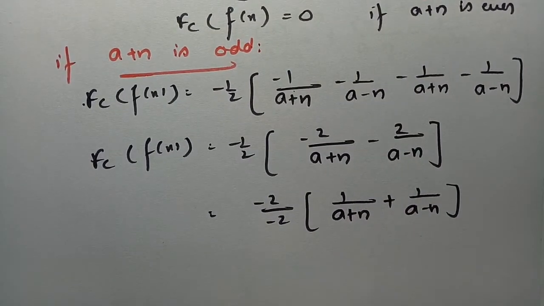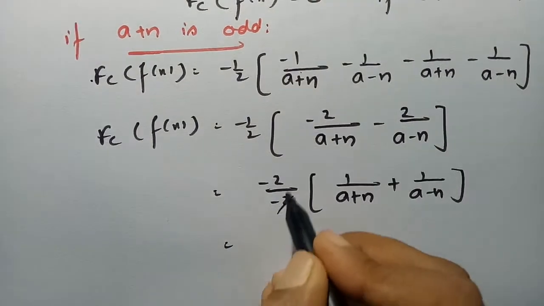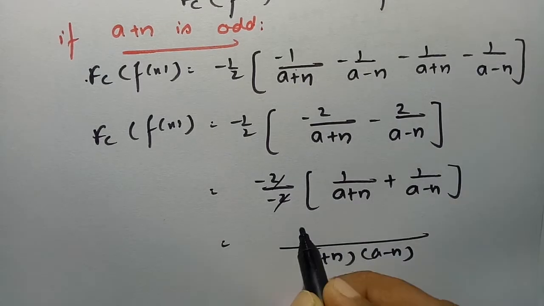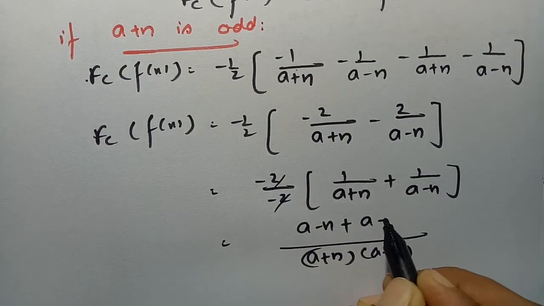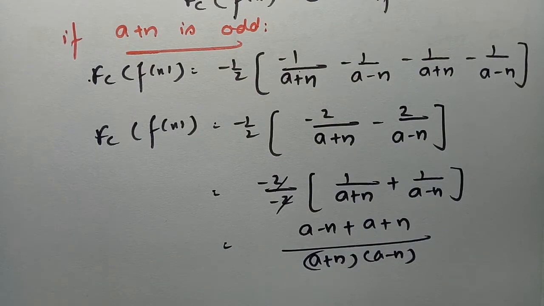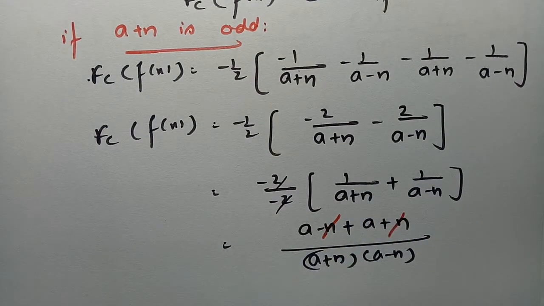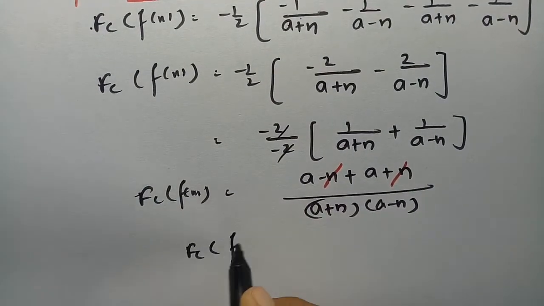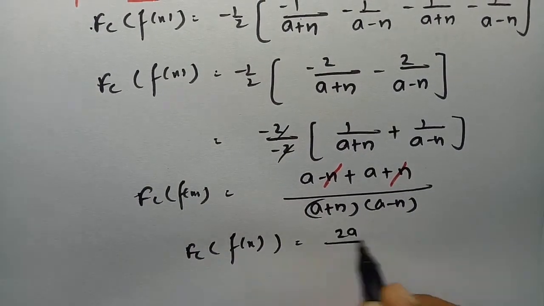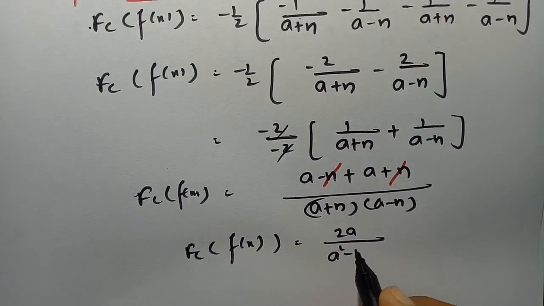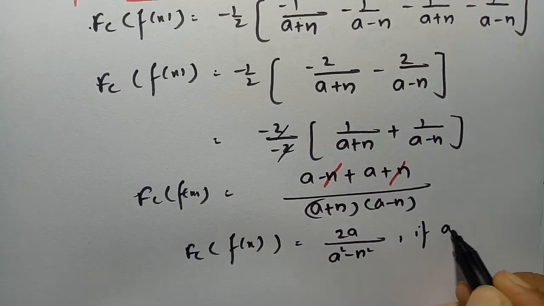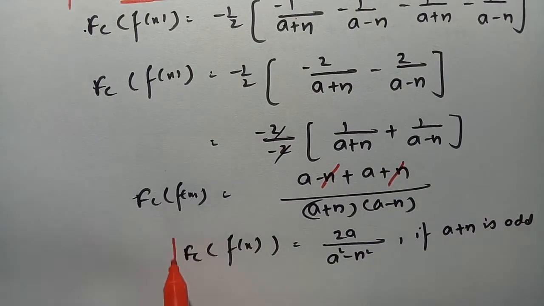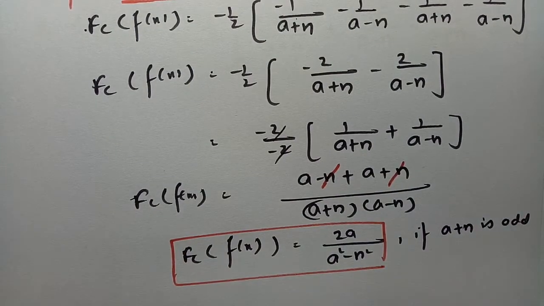So I can write it as (a minus n plus a plus n) over (a plus n)(a minus n). I can cancel this, and what is the answer? The Fourier transformation of the function f of x is nothing but 2a by (a square minus n square) if a plus n is odd. So this is the value if a plus n is odd.